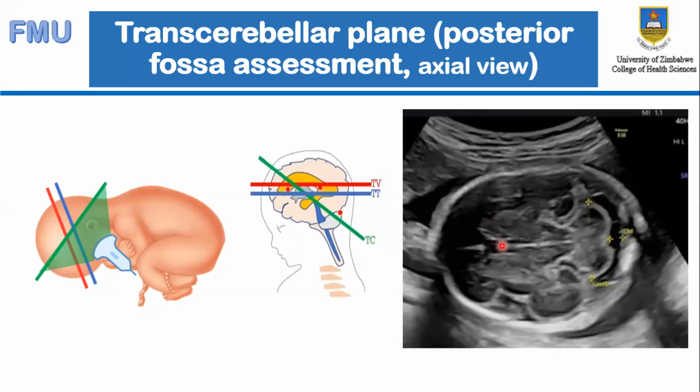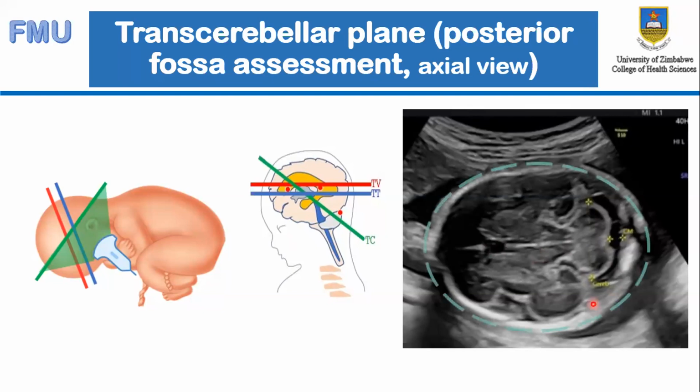So the transcerebellar plane is usually used for assessment of the posterior fossa. It also enables us to get an assessment of the mid portion of the brain, because we can see the thalamus. On this plane, we want a normal shape of the head, which should be roughly ball-shaped.